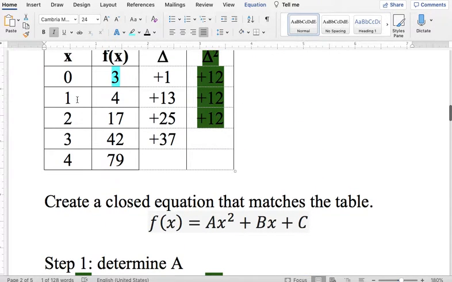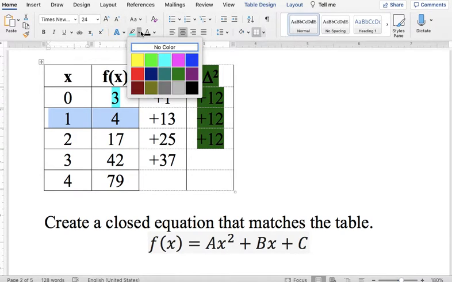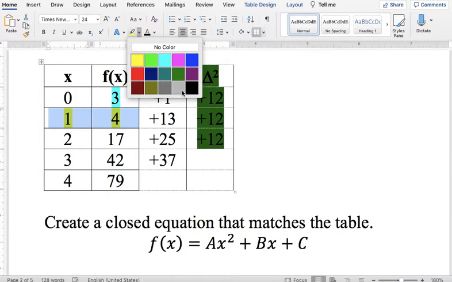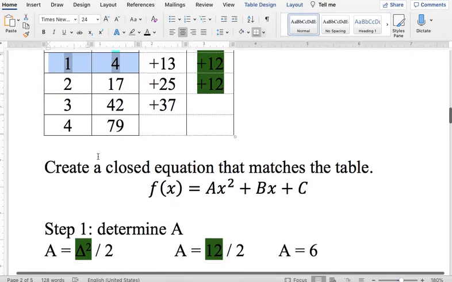So let's plug in another pair of values, and I'm going to choose the small one. Let's highlight this yellow. I'm going to use this yellow value here. Let's pick a different color, gray. Okay, so let's pick this value right here.